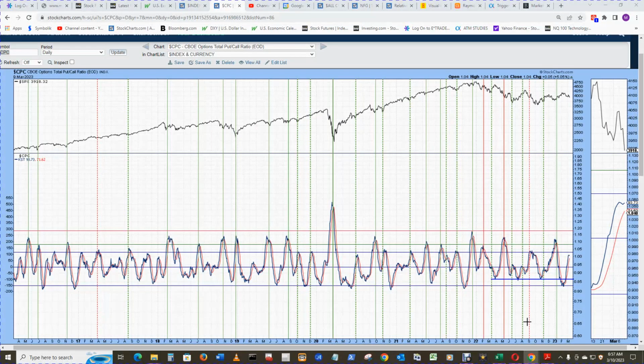The CBOE total put call ratio charts, KST of the put call ratio, had some hesitation yesterday on the 9th. It was trying to hook around and go down while price was going down for the S&P 500, and that's not how that's supposed to go.